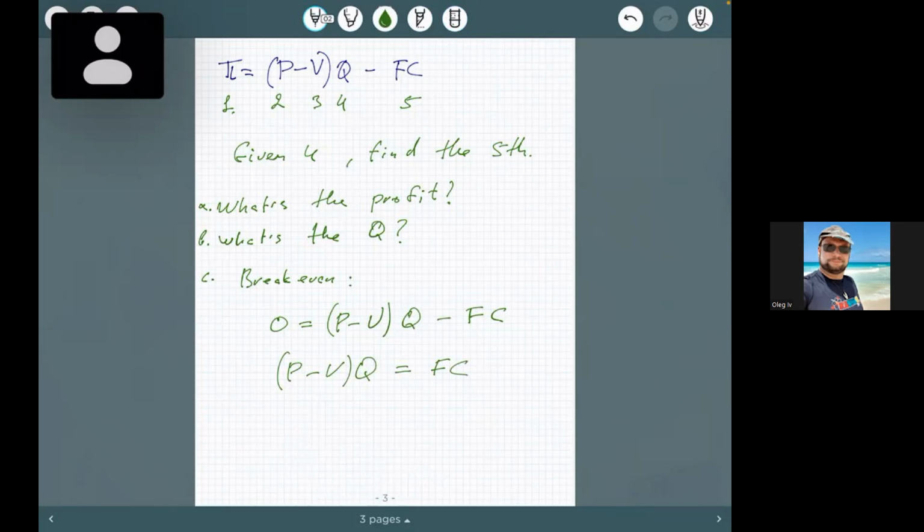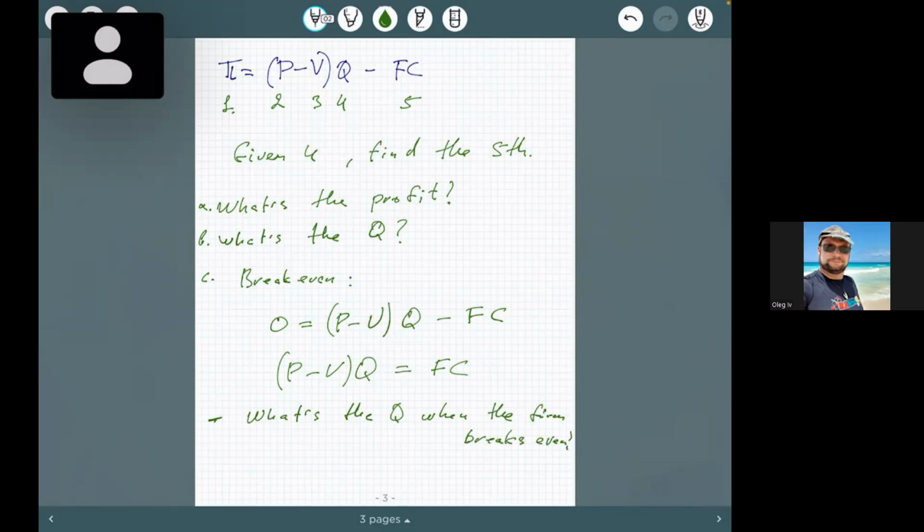And quite often break-even questions. So here you can have just simple break-even. So what's the Q when the company breaks even? Type question like this.